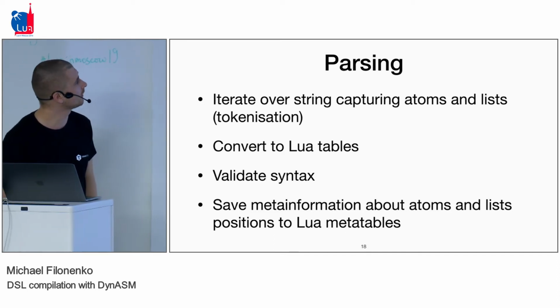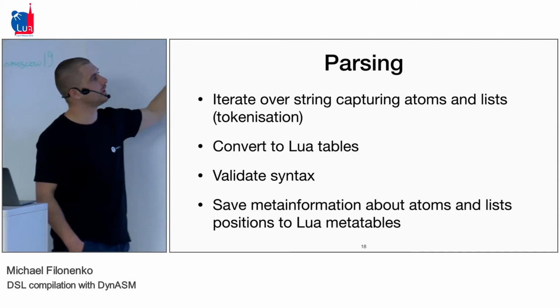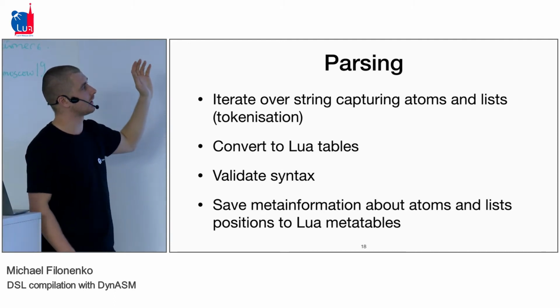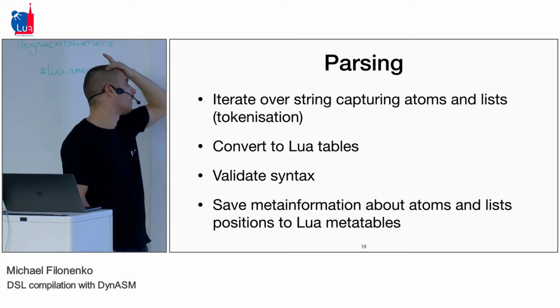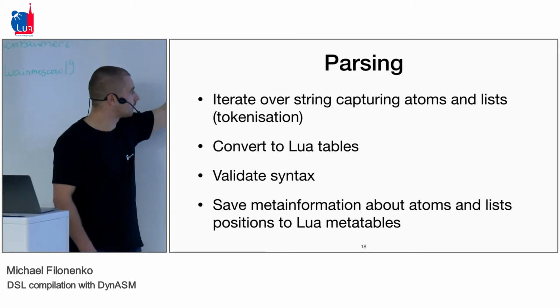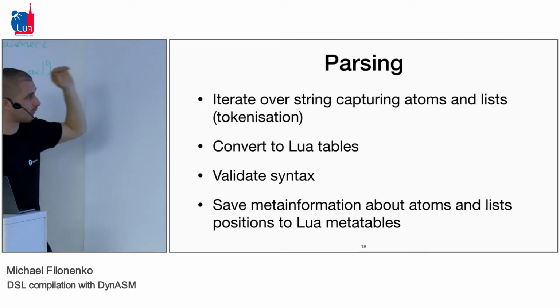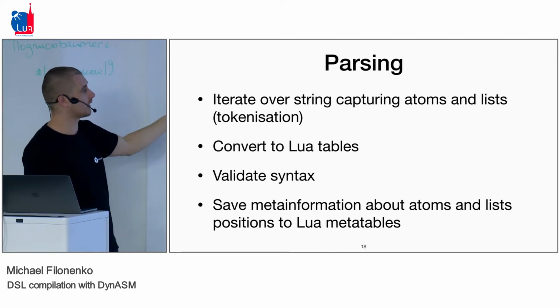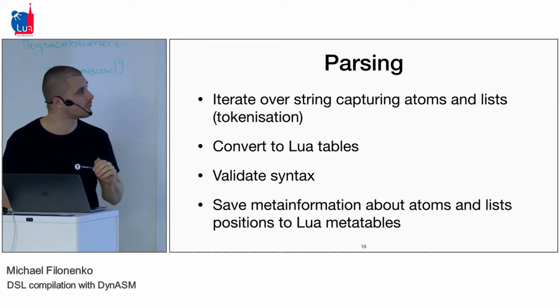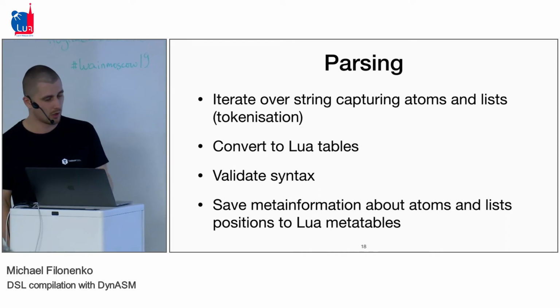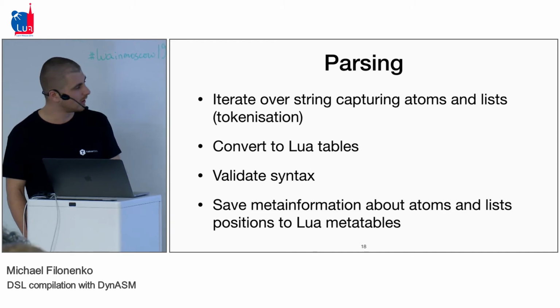My parsing includes just iteration over the string with capturing items and lists. If we use more scientific terms, it's the tokenization process. In the next step, I convert the captured items and strings to Lua tables.